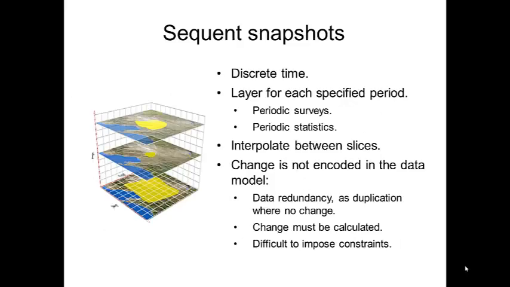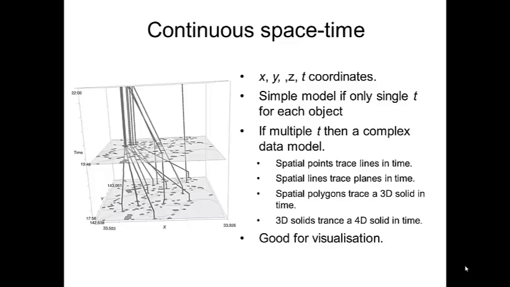Here, for example, we're displaying these discrete time layers, sequent times, in a space-time cube. So a space-time cube to me is not a data model, it's merely a way of displaying temporal information. Other people use the word in a different way.